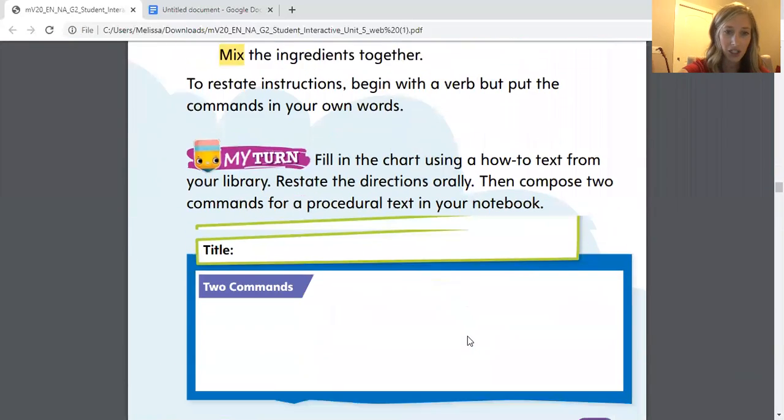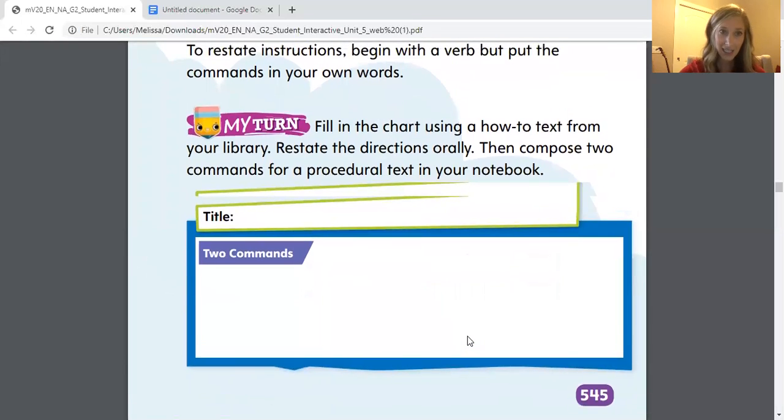Okay, so here's what I want you to do. On the My Turn, it says that you can find a how-to text from your own library. Now, if we were in the classroom together, I'd have an example for you. But since we're not, we're going to do this part a little differently. All I want you to do is practice writing 2 commands. You can make up your own.